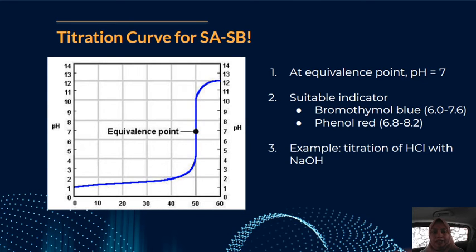Moving on to the titration curve for strong acid and strong base, we can see from the curve that the equivalence point is at 7, and therefore the suitable indicator for this curve is bromothymol blue and phenol red, because 7 lies between these values, and the indicator can signal the acidity and the alkalinity by changing color.